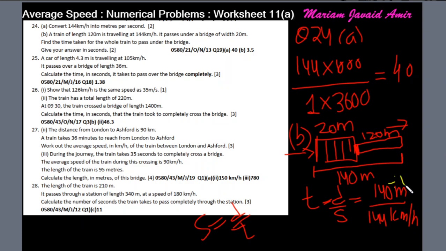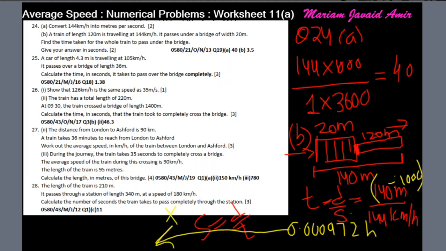In your calculators, in the numerator write 140 divided by 1000 and then in the denominator write 144, which gives us 0.0009722222. This will be in hours. The answer needed should be in seconds, so multiply this by 3600.